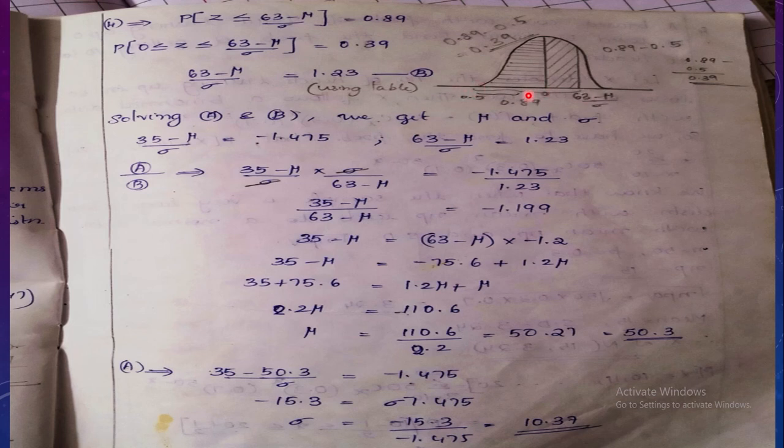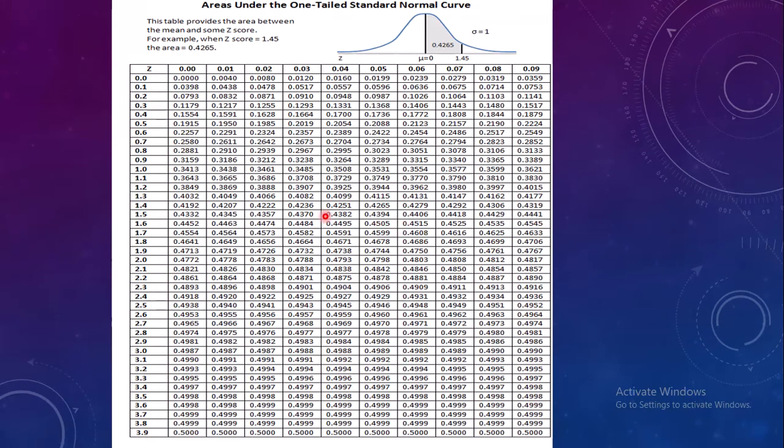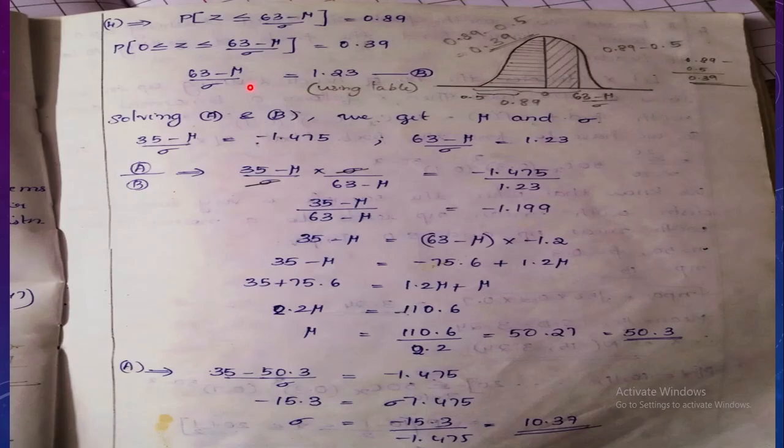From that you subtract 0.5, you get 0.39. That is this area. Now back to the tables, locate 0.39. Yeah, this is 0.39. The corresponding ordinates 1.2 plus 0.03, what is it? 1.23. So this is how you get 63 minus mu by sigma as 1.23.